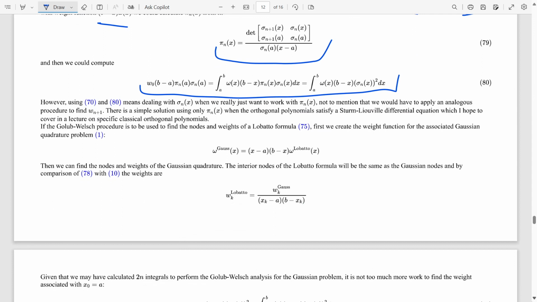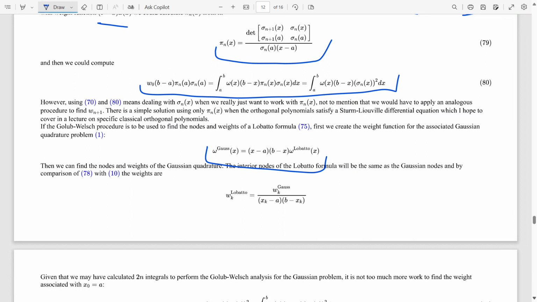We could use the Golub-Welsch procedure to find the nodes and weights of a Lobatto formula. Start with this weight function, and apply the Golub-Welsch procedure to find nodes and weights for the Gaussian formula.